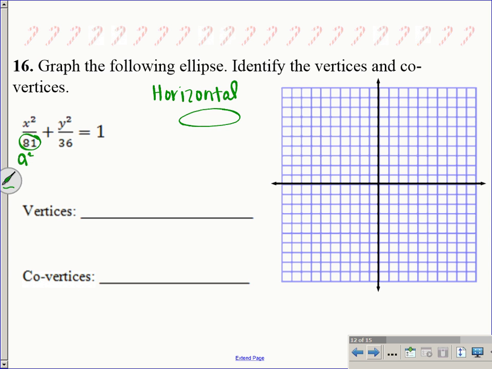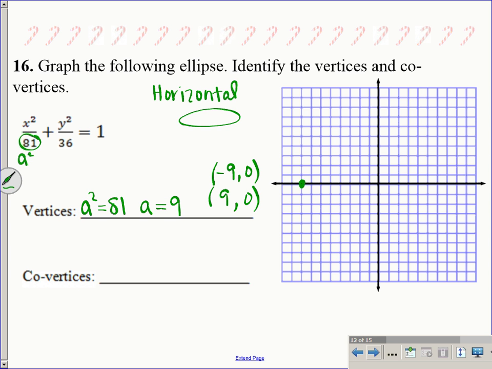And since I've identified my a squared value to be 81, that makes a 9 when you square root it. And since our vertices are on the larger axis, and this is horizontal, our points are going to go left and right. So that means negative 9, 0, and positive 9, 0.